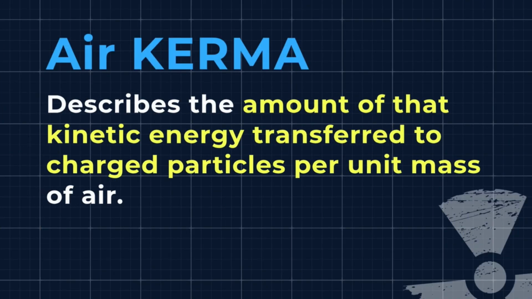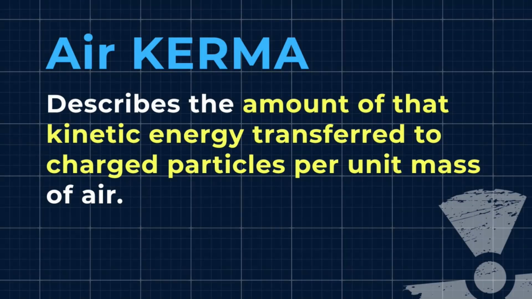When an X-ray photon interacts with an atom in the air, it has the ability to remove an electron. When that happens, some of the photon's energy is transferred to that electron. That electron then moves through the air with kinetic energy, which is just a fancy way of saying energy in motion. KERMA describes the amount of that kinetic energy transferred to the charged particles per unit mass of air.